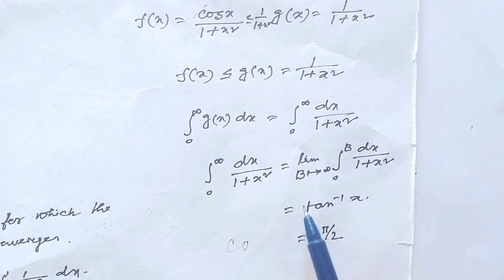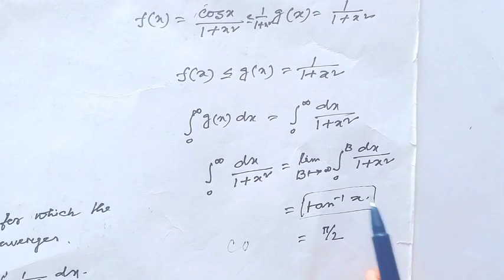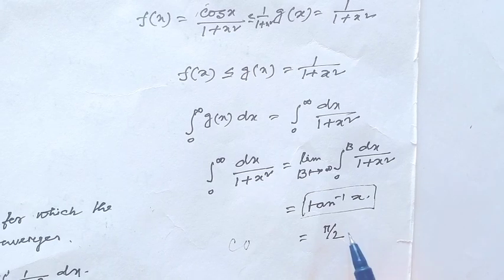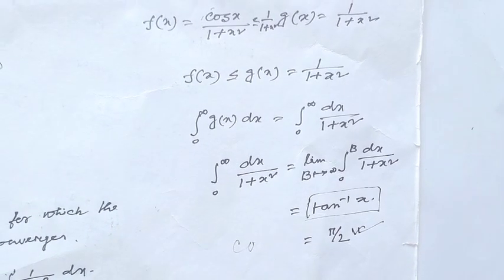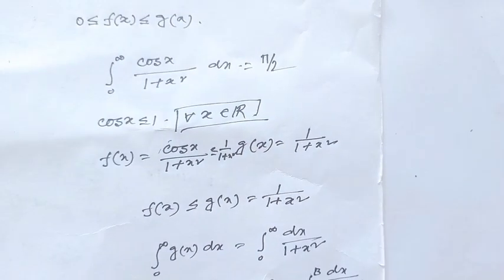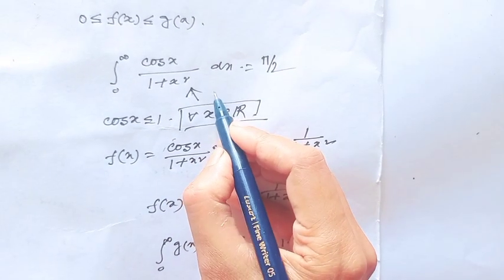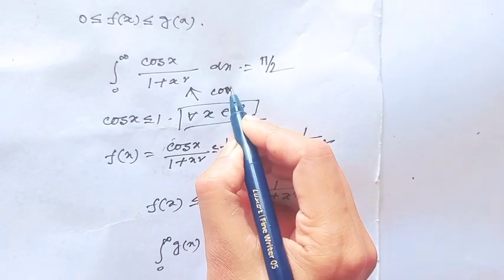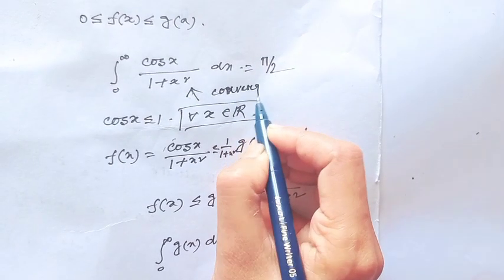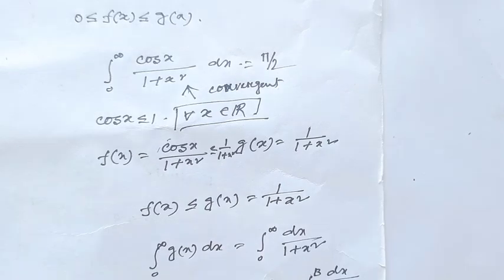This value is tan inverse x, and if we apply the limit, this value would be pi over 2. So since the value of the integral is finite, by the comparison test we can tell this integral is convergent. I hope all my viewers have understood this question easily.